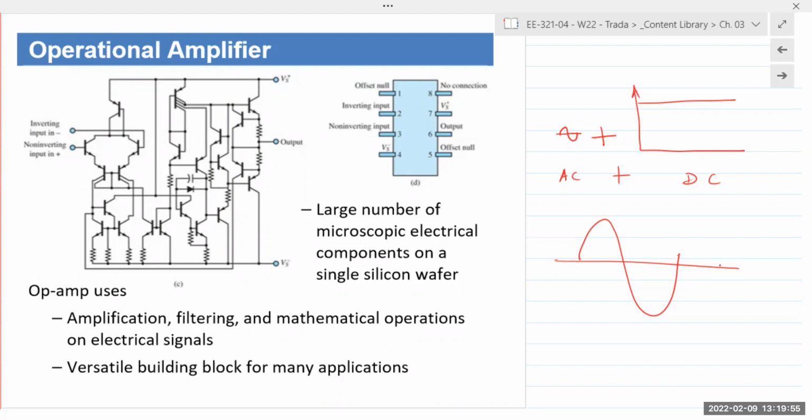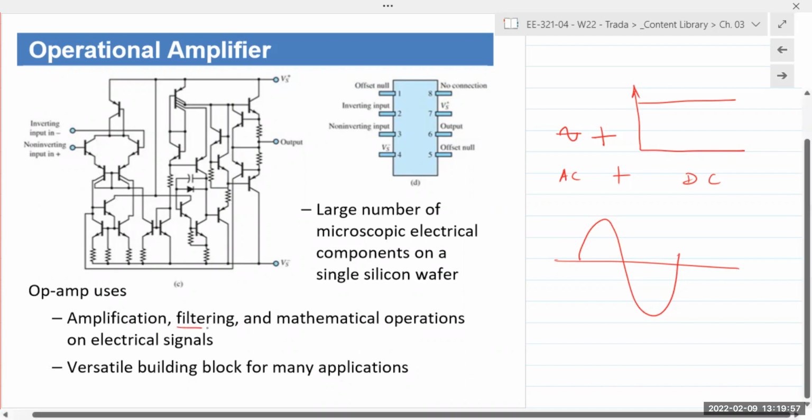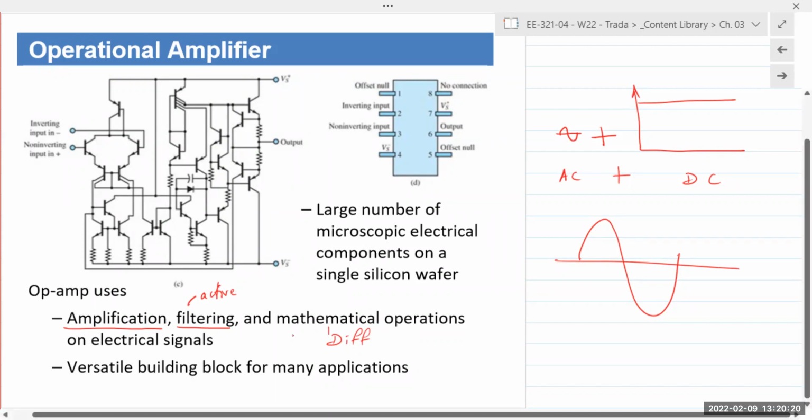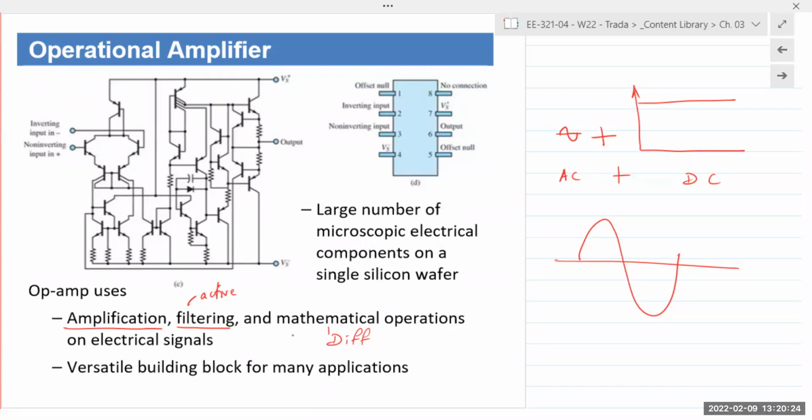So filtering, amplification, and of course, it also performs mathematical operations. The two most common ones, well, actually, it can perform all four. So you have summing amplifiers, you have differential amplifiers. Op-amp is nothing but a differential amplifier. So a difference amplifier, a summing amplifier, and then the other two common ones are differentiation and integration.